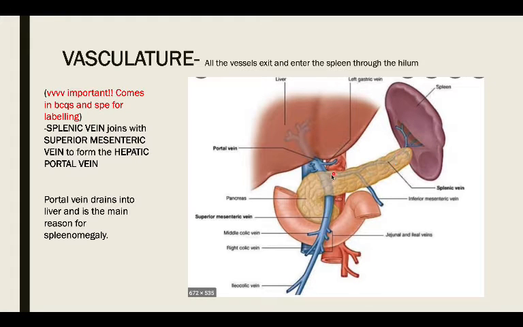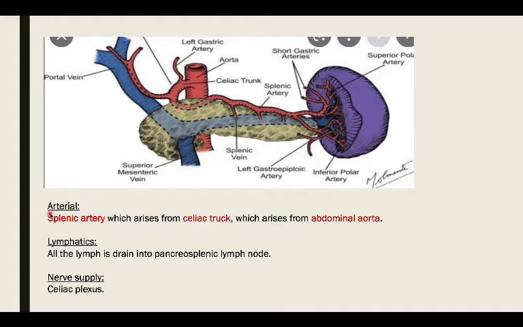So this thing right here is very important. They're going to ask you which two veins form the hepatic portal vein. Learn this: it's the splenic vein and the superior mesenteric vein. I'm telling you guys, it's really important. So this picture is really important for vasculature, and in arterial supply, they can ask about this line right here, this is the splenic artery.